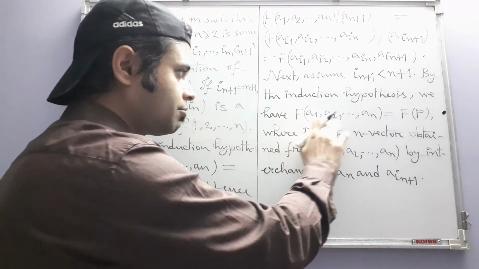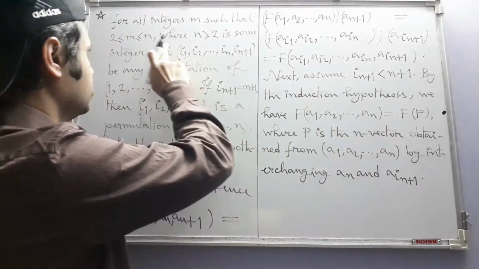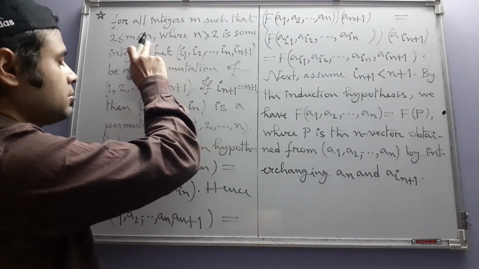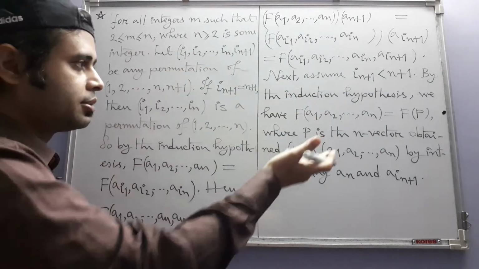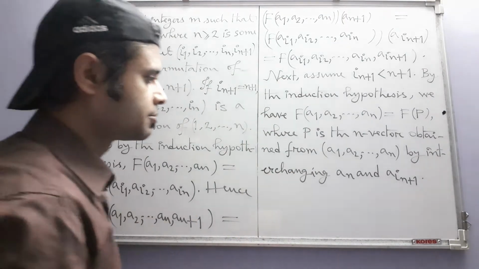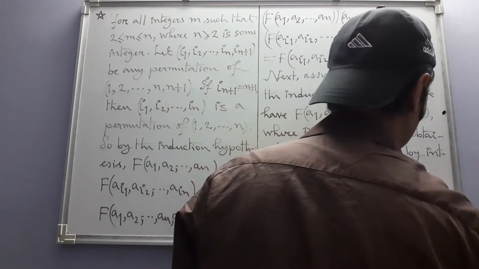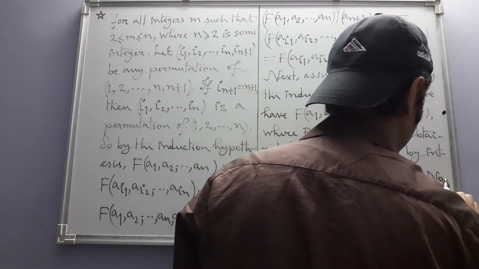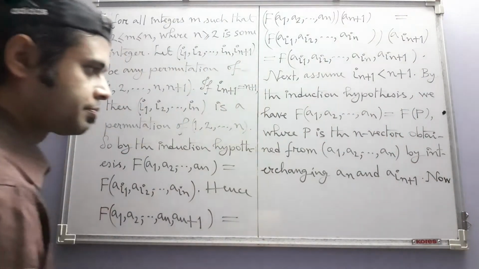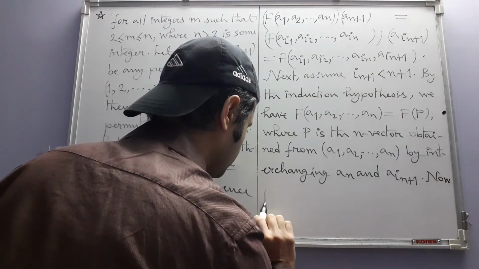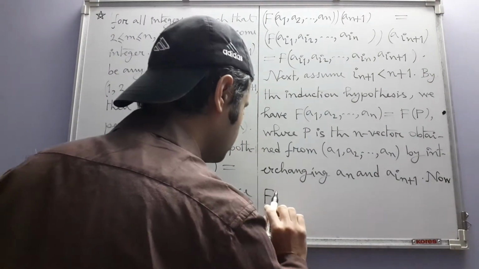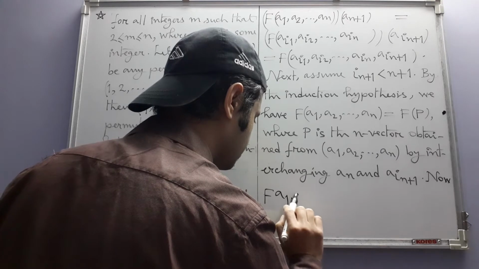Since the number of elements is n, we can change the order of the elements. Okay, now we go to the general one.